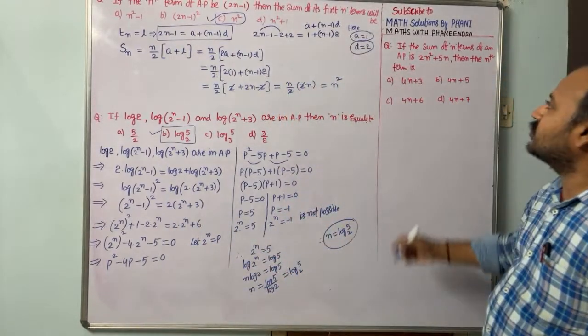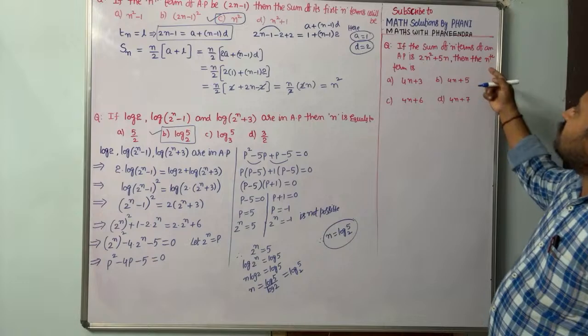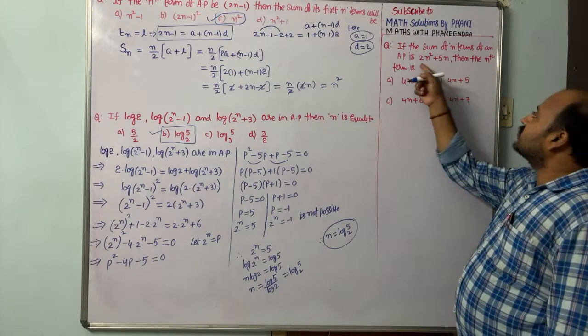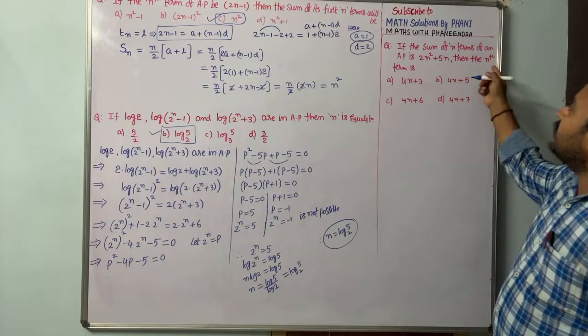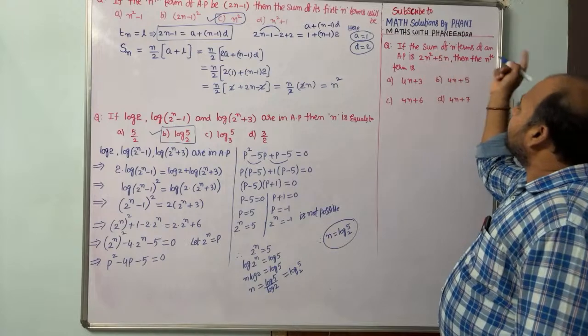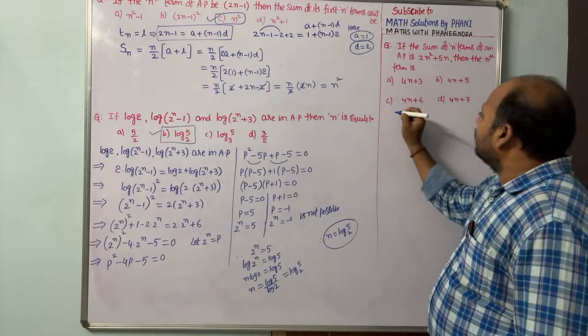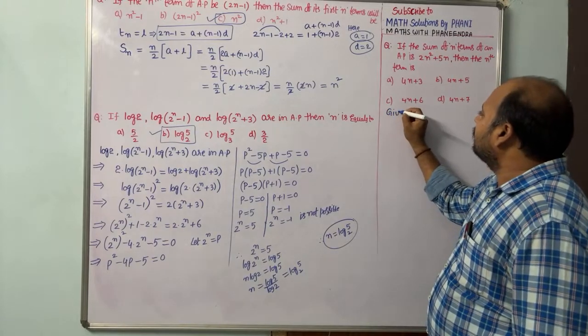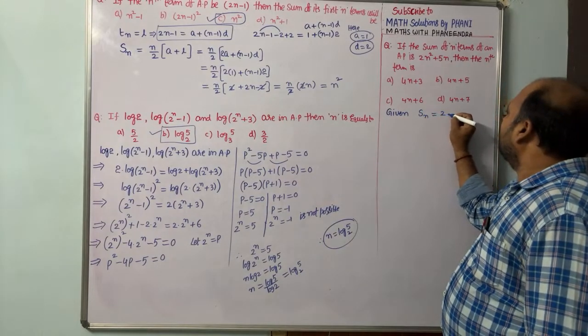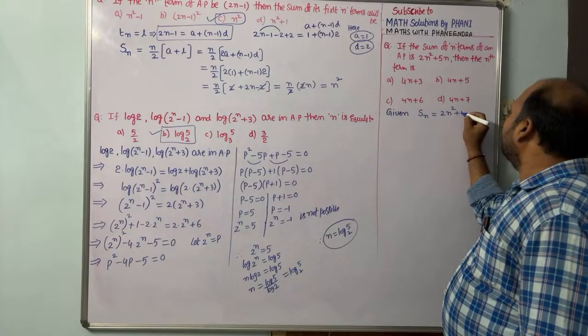If we come to this question now, if the sum of n terms of an arithmetic progression is 2n square plus 5n, then the nth term is. So first, the sum of n terms of this is given. So given Sn is equal to 2n square plus 5n.